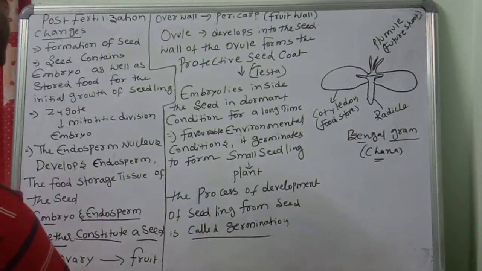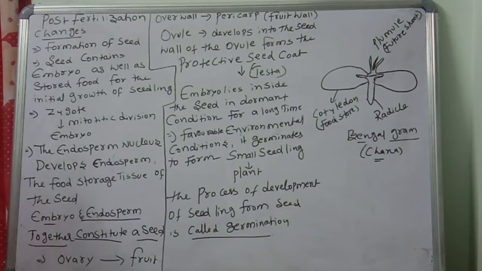Today we are going to discuss another important concept, that is post fertilization changes after reproduction. In the last class, we discussed ovule, embryo sac, synergids, antipodals, egg, double fertilization, triple fusion, and embryo formation.